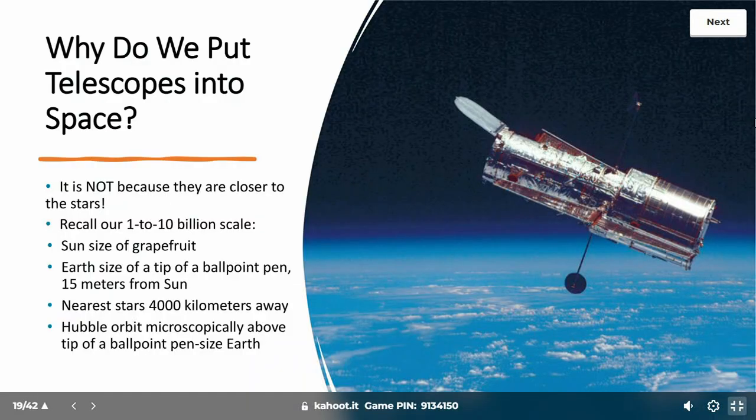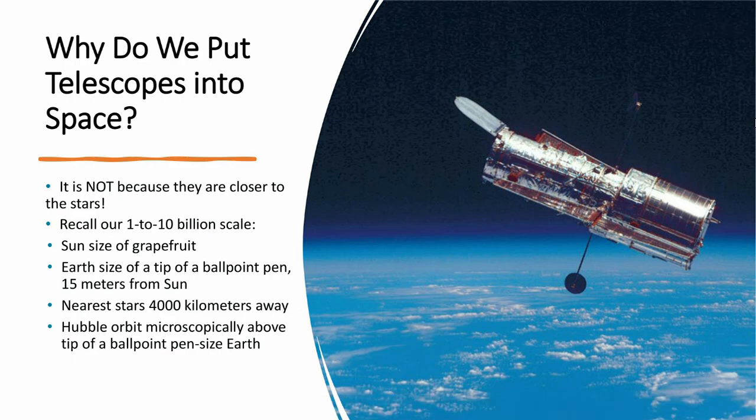Okay, so why do we put telescopes into space? It's not because they are closer to the stars we're trying to study. Earlier in the semester we talked about this scaling, where if we scale the sun down to the size of a grapefruit, that would make the Earth about the size of the tip of a ballpoint pen, and the distance between the Earth and the sun would be 15 meters, but the nearest stars would be 4,000 kilometers away in that model.